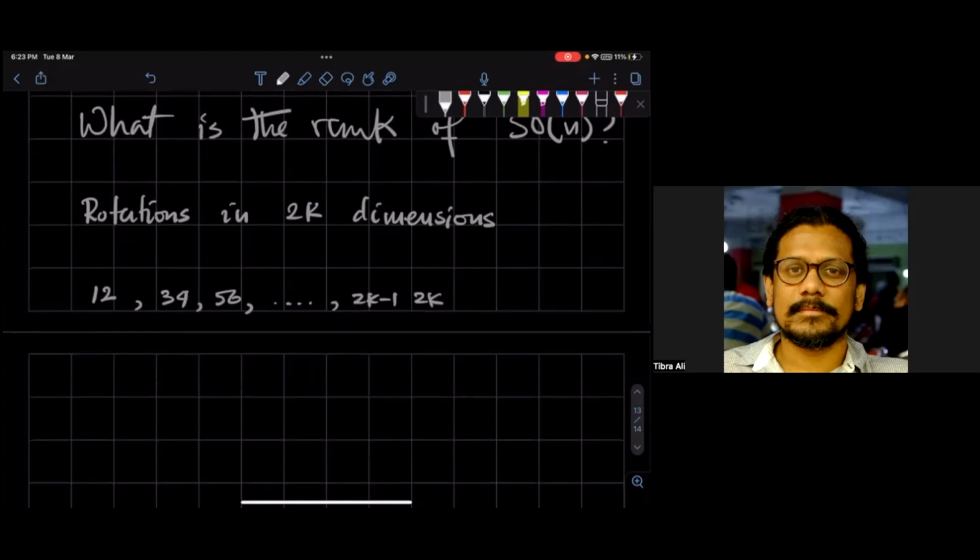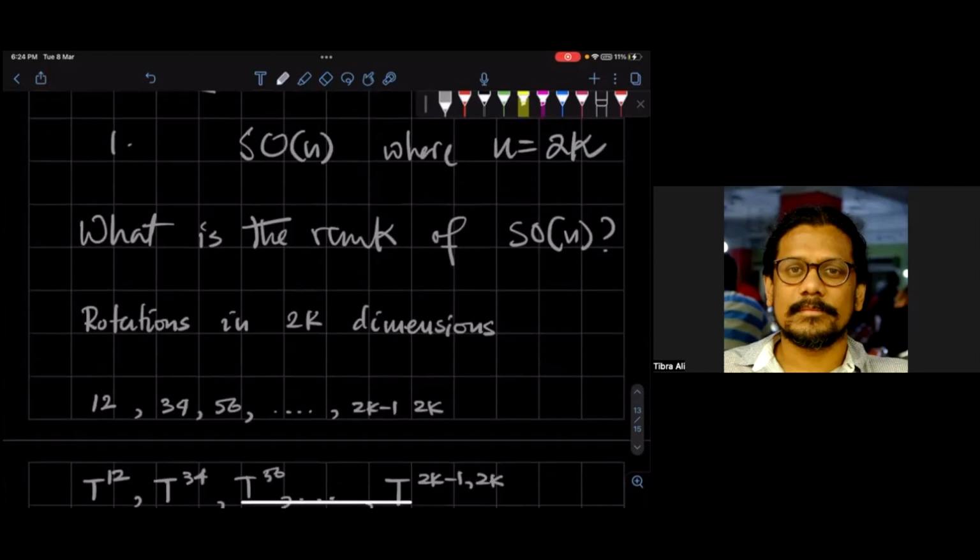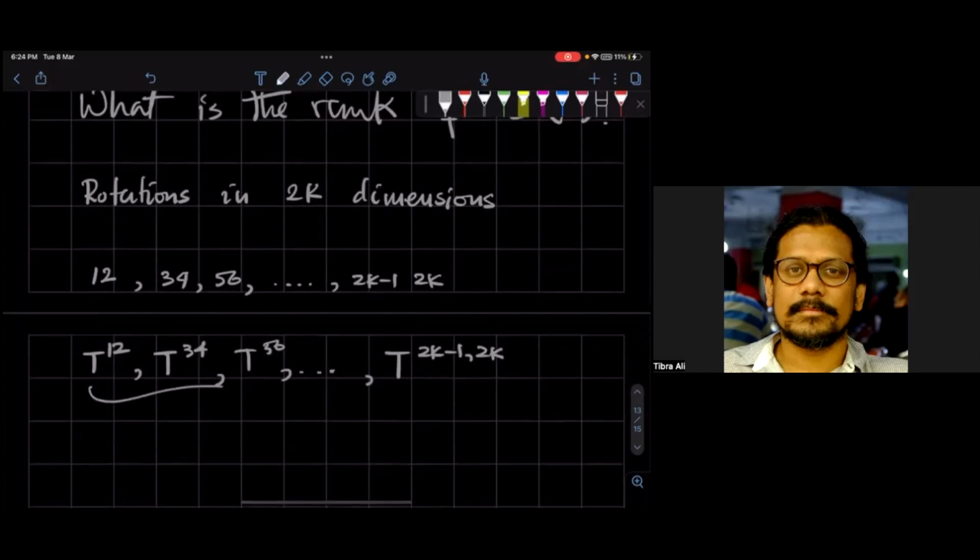So does that tell us that all the matrices, all the generators which correspond to those rotations, will be mutually commuting? So the number of generators in the Cartan subalgebra is how much? What is the dimension?